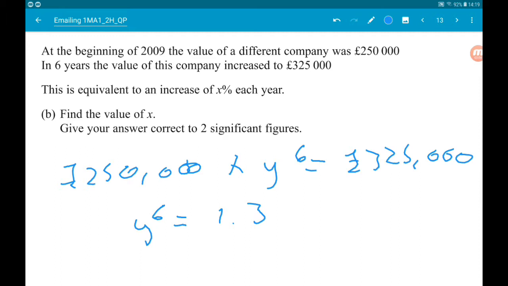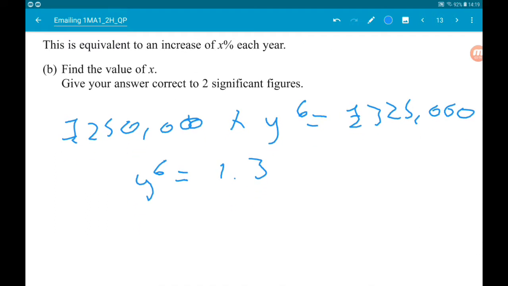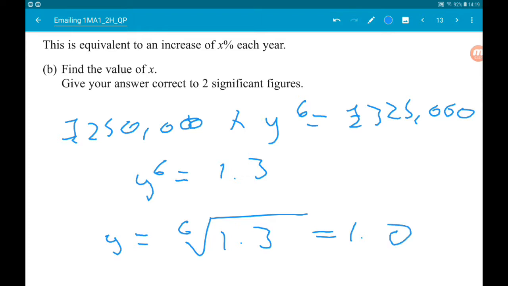Now to get y, we take the 6th root, so y is the 6th root of 1.3. Now that's going to give us 1.0446 blah blah blah.